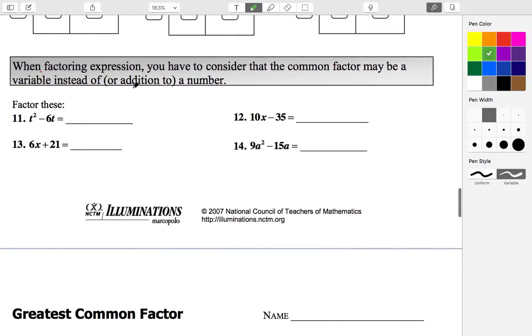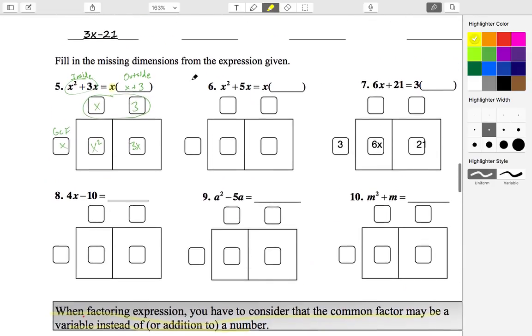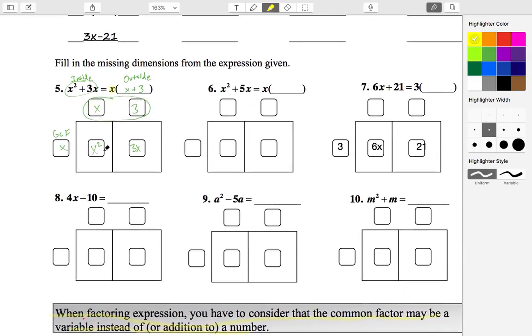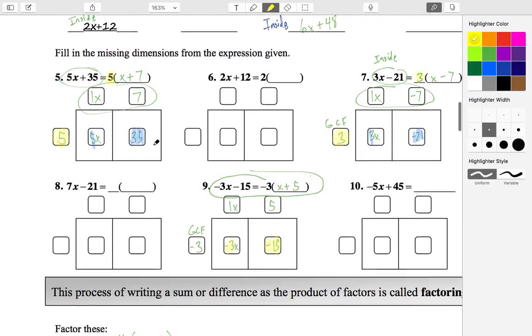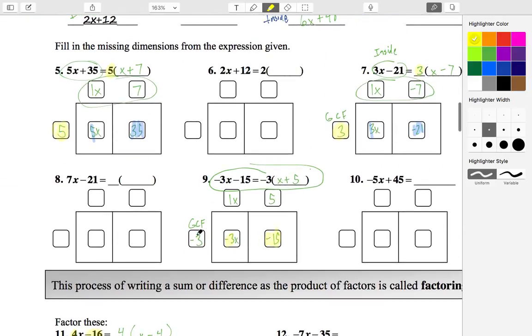So for this one, you have t here and you have a t here. That was the point of this hint, that you don't always have just the number. On previous ones, we only ran into the GCF as a number. Down here in this worksheet, we start running into it as an actual variable.